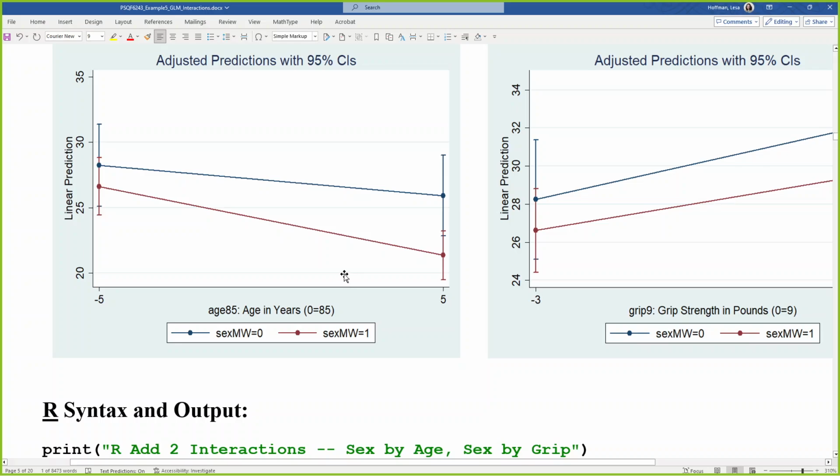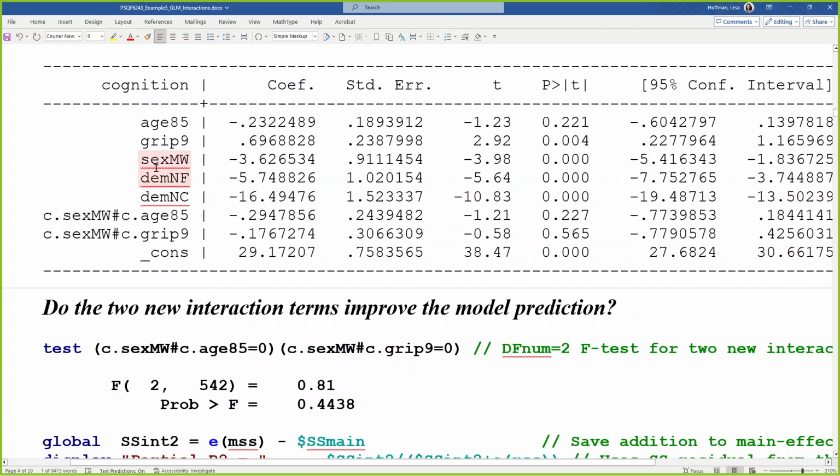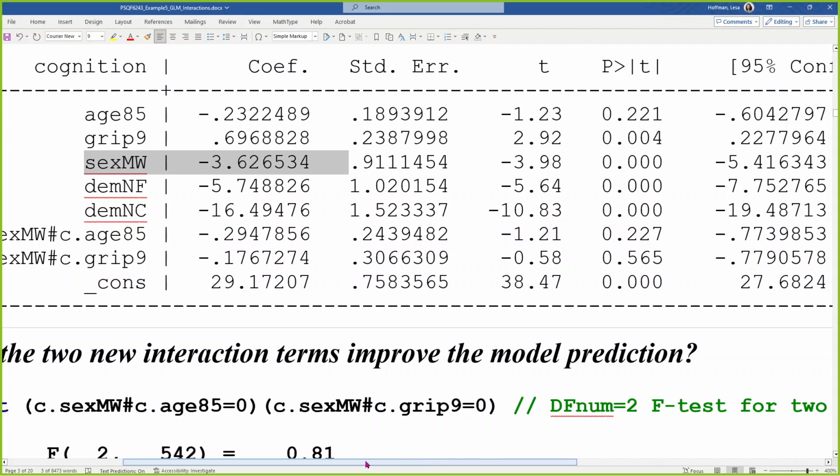The other way we can talk about this is to think about gender as the predictor we care about and age as the moderator. So let's go back from that perspective. This is the gender difference for what kind of person?